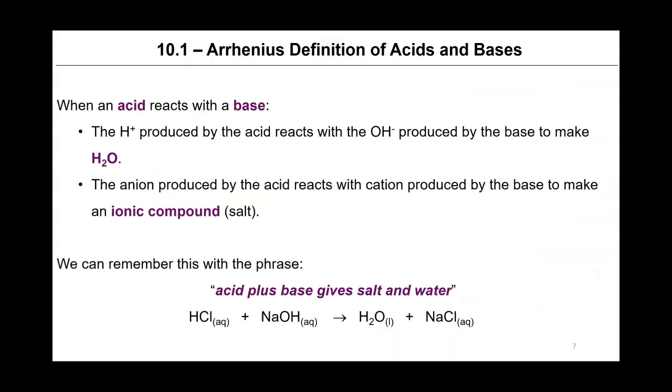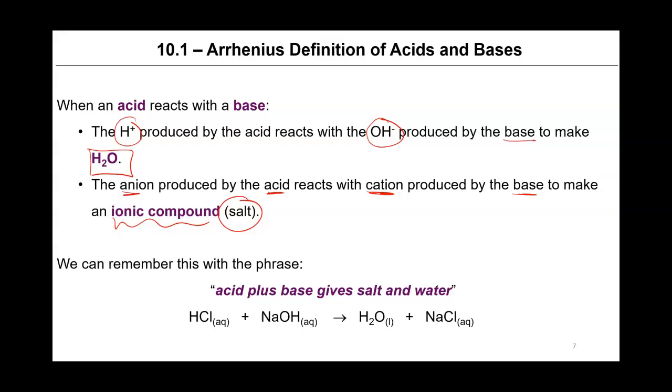When an acid reacts with a base, the H+ that is produced by the acid will combine with the hydroxide ion produced by the base, and that'll make water. Also, the anion that is produced by the acid combines with the cation produced by the base to make an ionic compound. And ionic compounds are sometimes described as being salts.